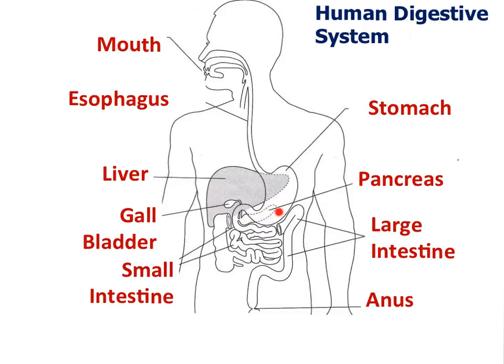It's located here. Both the liver and the pancreas lie to the side of the small intestine, and ducts take bile and digestive juices to the small intestine. The pancreas secretes enzymes into the lumen of the small intestine.